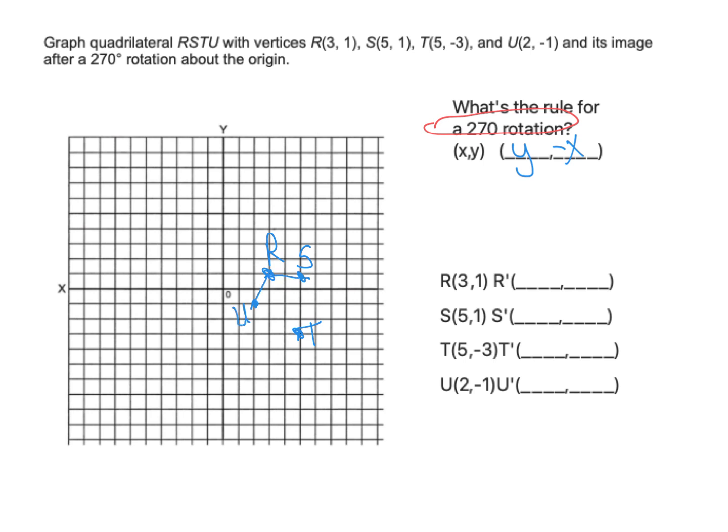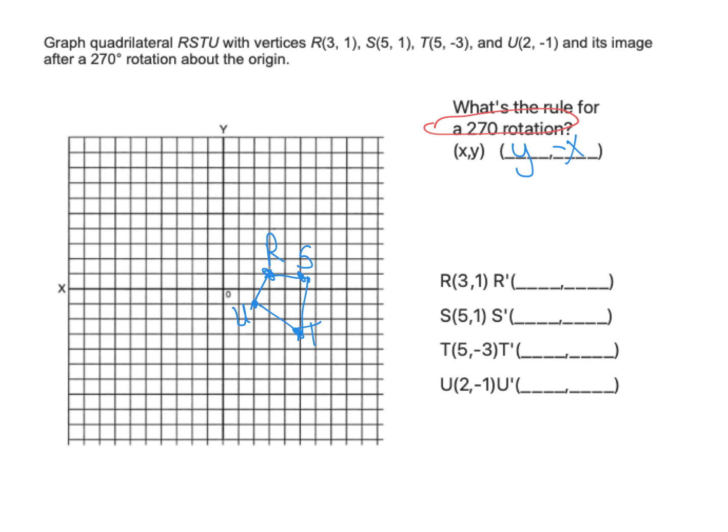And we just connect our dots, make a quadrilateral, and we are going to do a 270 degree rotation. So remember from what we talked about before, we start with blue and then we go to red. So I'm going to actually do that this time. We are going to flip-flop our x and y.